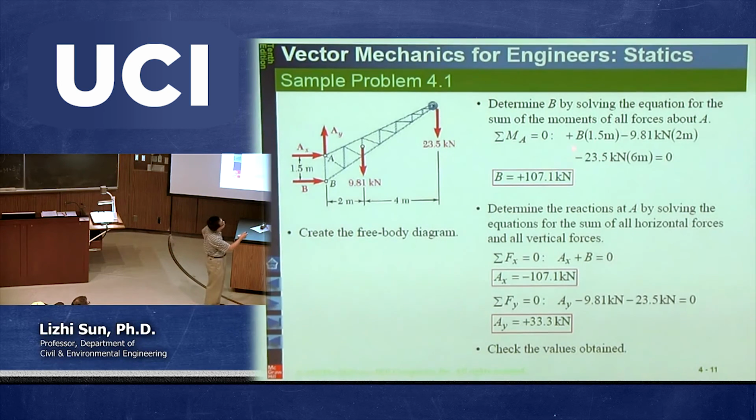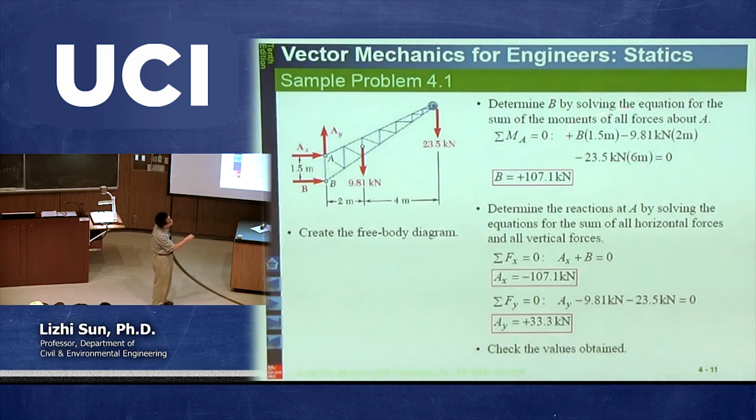If you go back to look at this equation, it is a simple equation, simply because it doesn't have AX or AY involved. This is an equation with only one unknown, B.